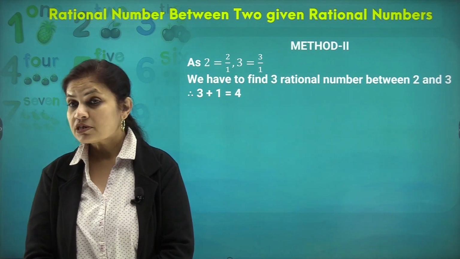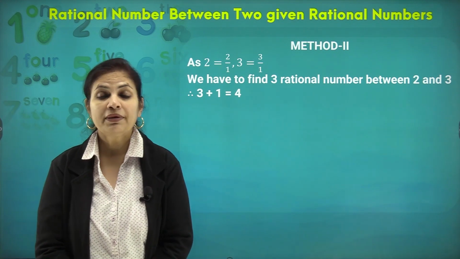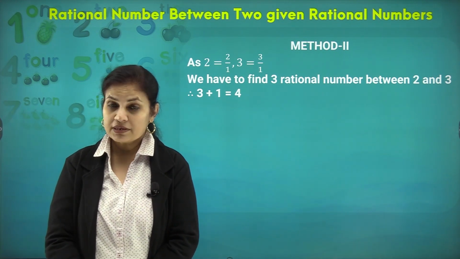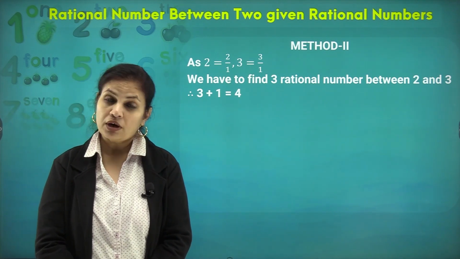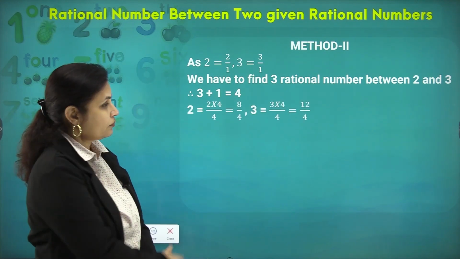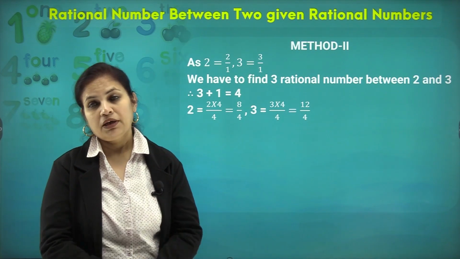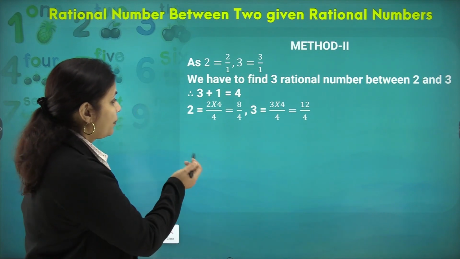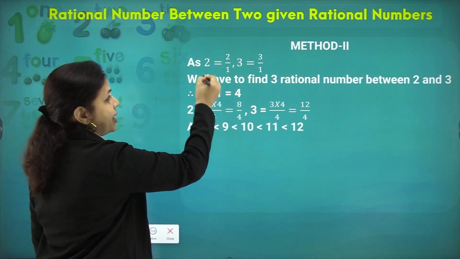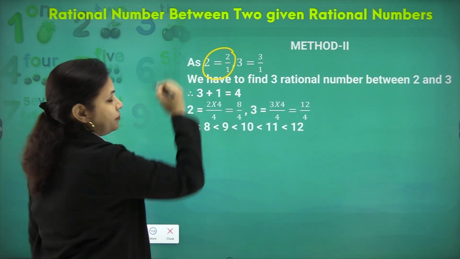But what to do with this 4? I have to take this 4 as the denominator of the given numbers. I have to convert the denominators of the given numbers to 4. According to the example shown here, 2 was previously written as 2 upon 1.